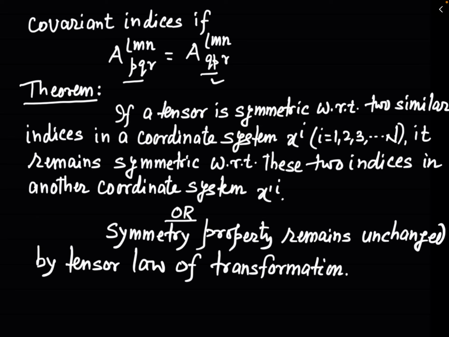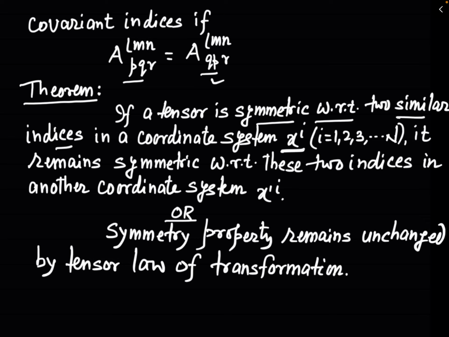In other words, if a tensor is symmetric with respect to two similar indices in a coordinate system, let us say xi, the unprimed coordinate system, where i is 1, 2, 3, and so on up to n. It means you are considering that your space is n-dimensional.